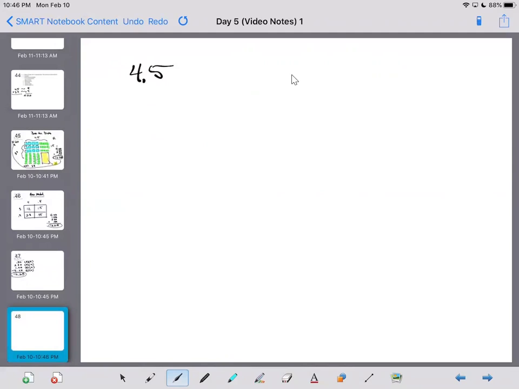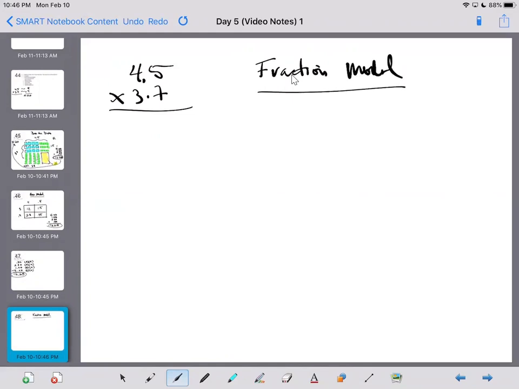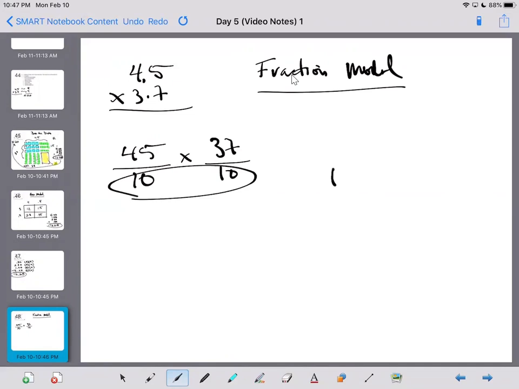We do the same thing with the fraction model. We could say, well, that's 45 tenths multiplied by 37 tenths. 10 by 10 is 100. And we know that if we multiply 45 by 37, we're going to get 1,665. So what happens when we divide that by 100?